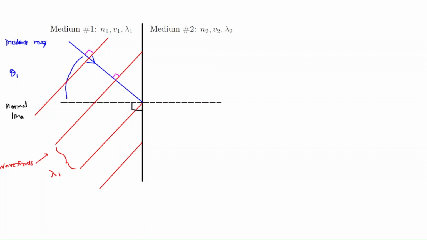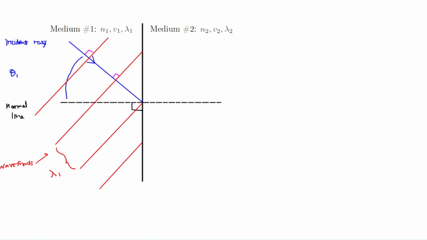Now the red lines that are perpendicular to the incident ray are called the wave fronts. Those are where, for instance, the crests would be. We don't have to talk about them as being crests, but just some constant phase position of the wave. But crest is a good way to say it.